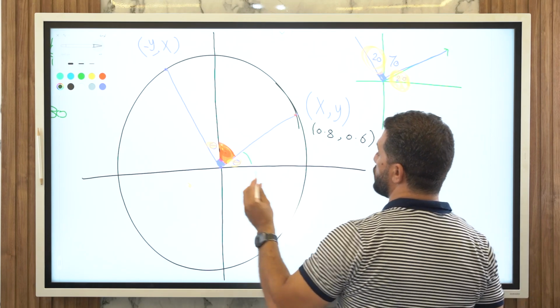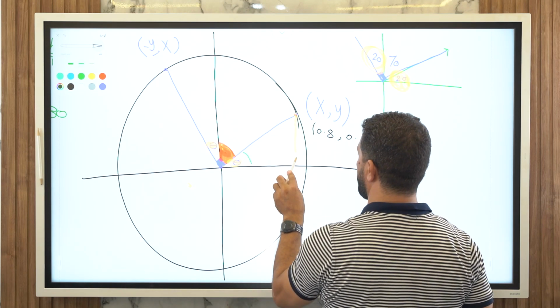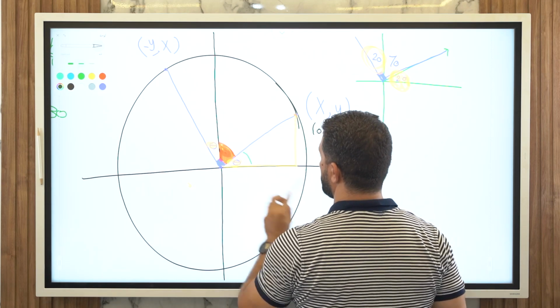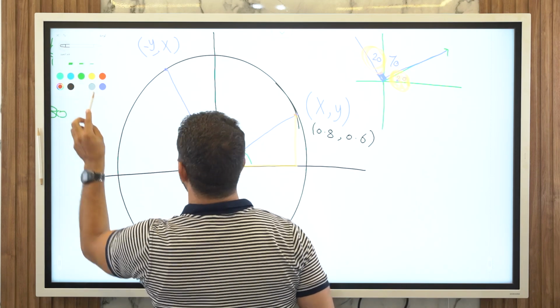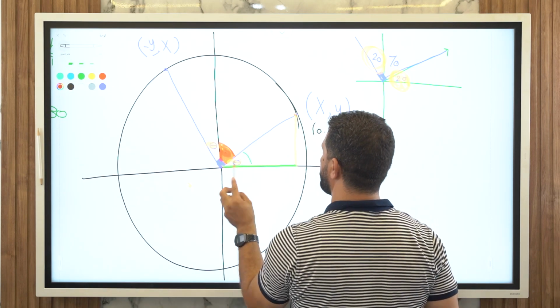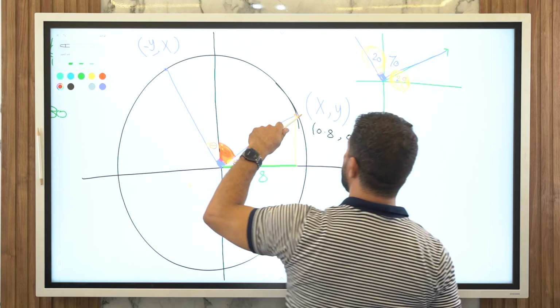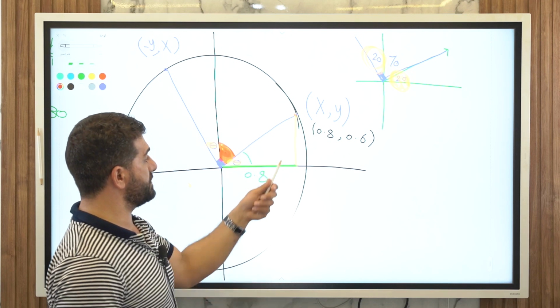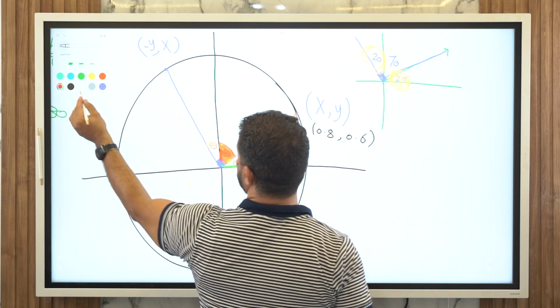The length here on the x-axis is 0.8. This is 0.8. And the length on y is 0.6. The length here is 0.6.